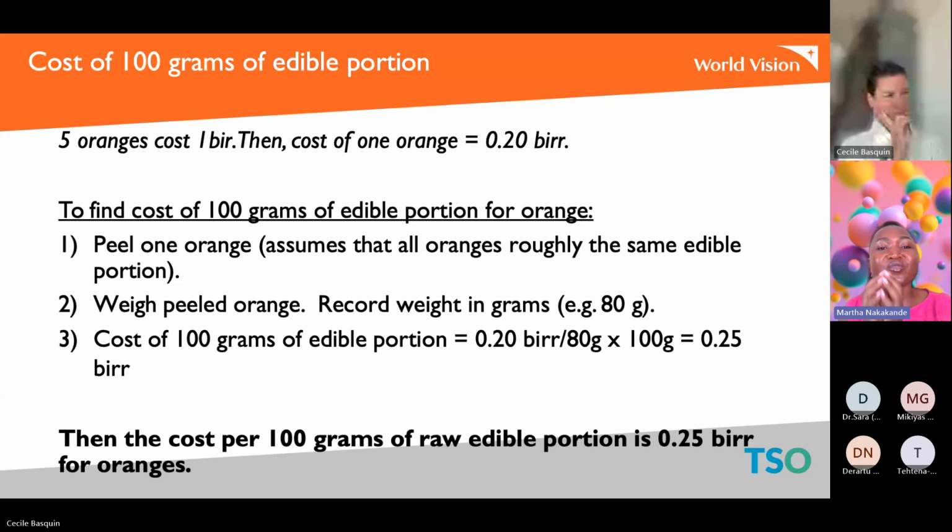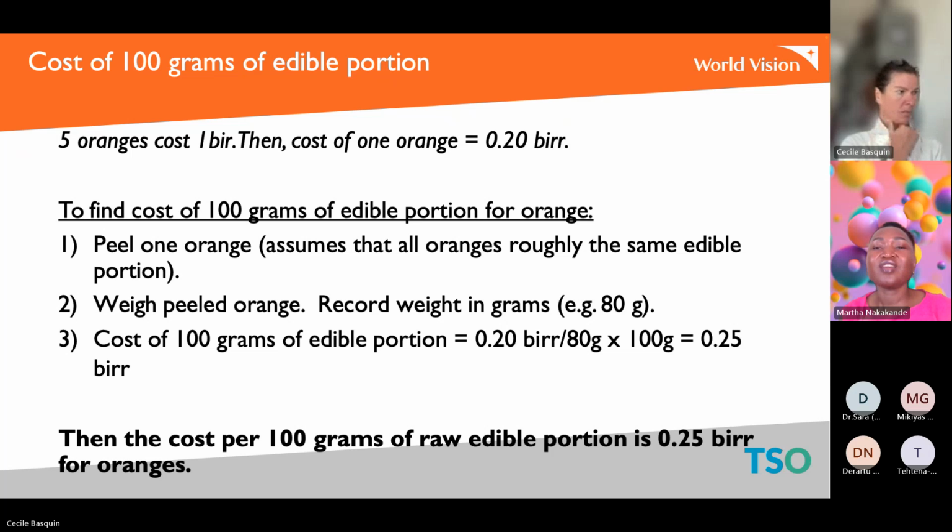So the cost of 100 grams of the edible portion of the oranges will be the total cost of 1 orange divided by 80 grams times 100 grams, which is going to be 0.25 birr. So the cost of 100 grams of the edible portion of the orange is 0.25 birr.